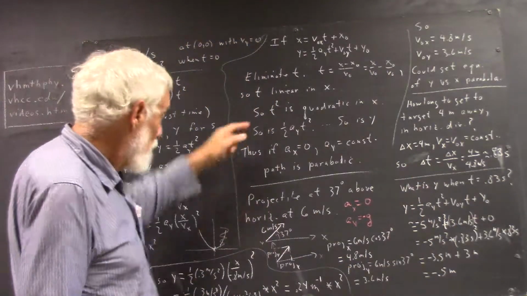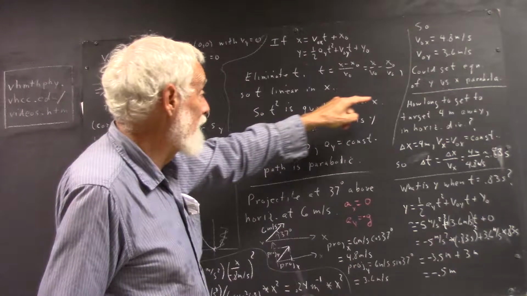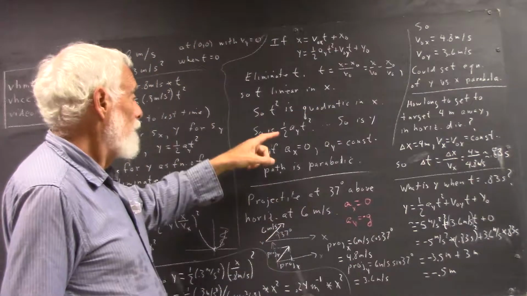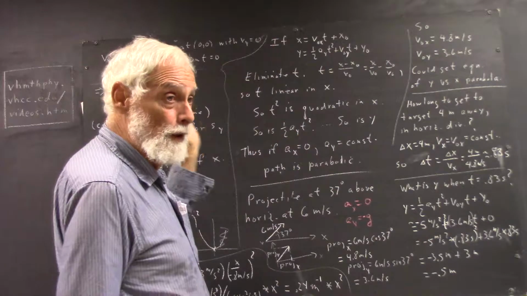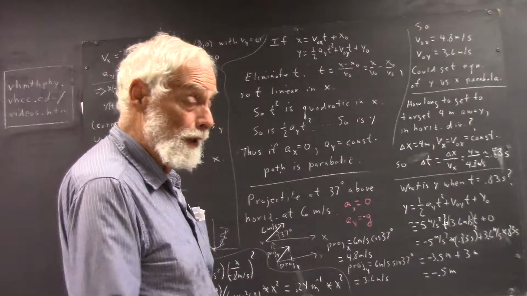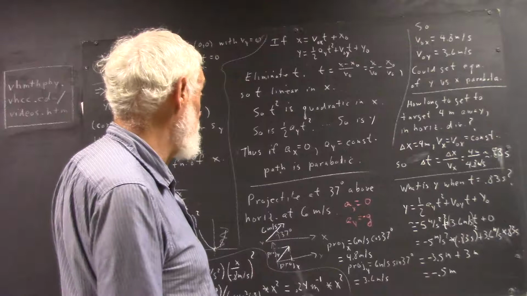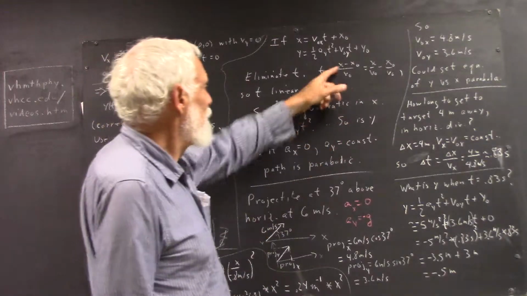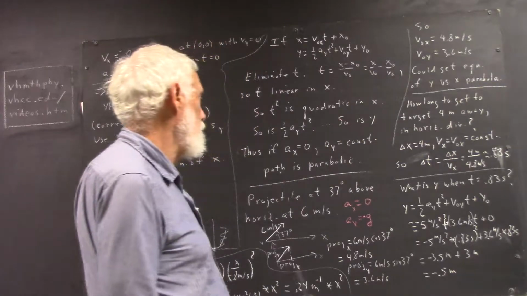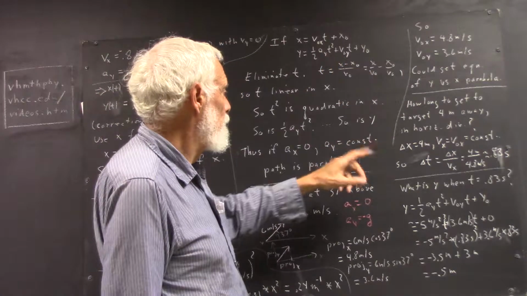So, t squared is quadratic in x. So, therefore, is one half a_y t squared, because this is just a constant. If you multiply a quadratic function by a constant, you still have a quadratic function. And so is this, and so is this. This is actually linear, this is a constant.